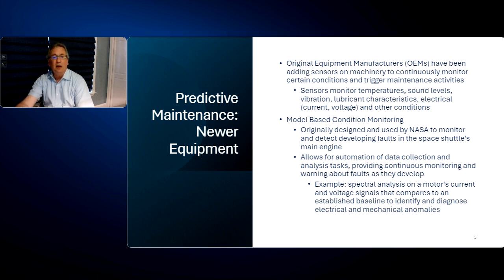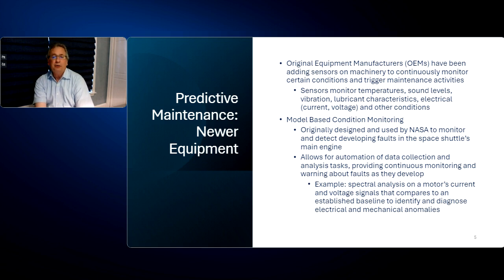So if you think about automobiles, there's more electronics on cars these days than ever before, and it's monitoring all kinds of things. Most of the maintenance that needs to be done is on the electronics, is what friends of mine that do automobile maintenance tell me. So all kinds of sensors have been added to all kinds of equipment.